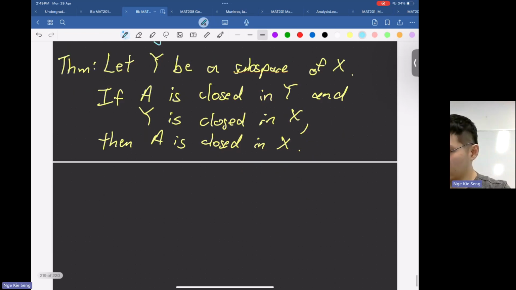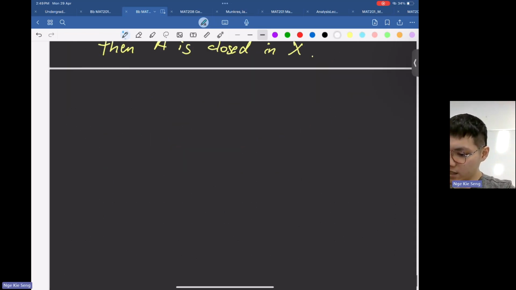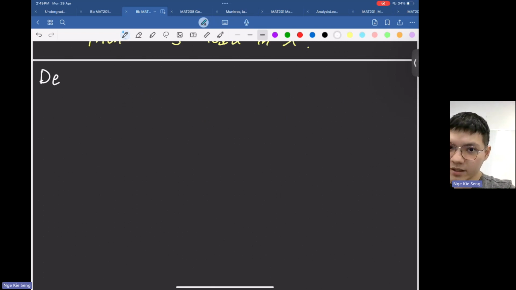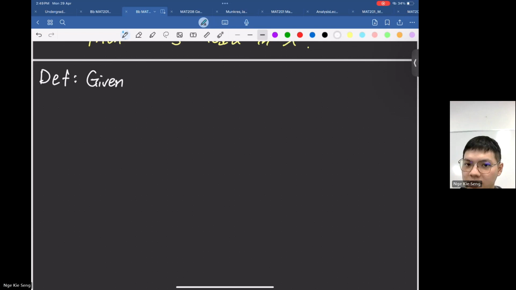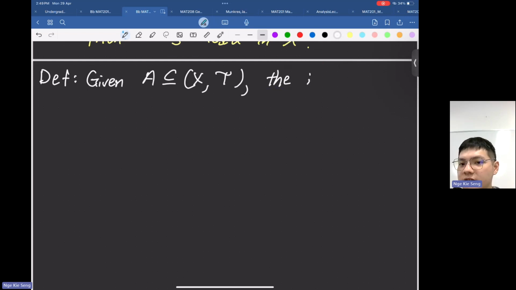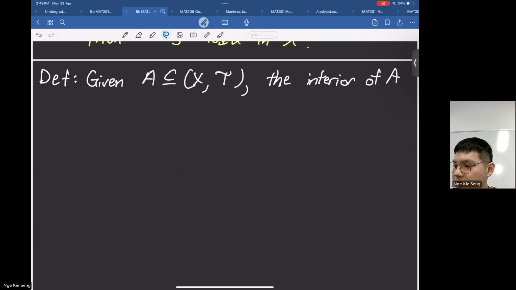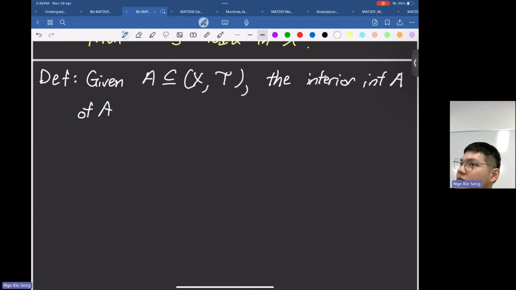Okay, next, we will recall some very reminiscent definitions. Given a subset A of a topological space, we can define the interior of A. Remember how we defined the interior of A last time, for a metric space?